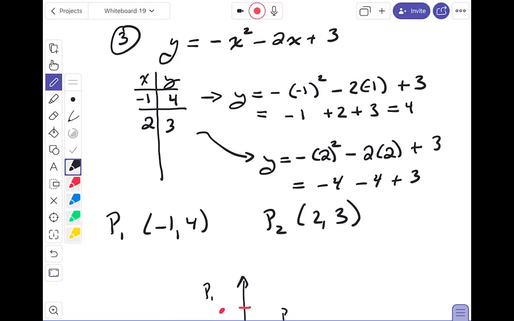Minus 1 squared is going to be 1. It's minus 1, and then that's going to be plus 2. 4. I did that okay. And let's see if we did 2 okay. I'm just looking at my work, by the way. It's important you look back at your work too. It's important you have a record of your work. You have something to look at. And let me see, I plugged it in right. So I got minus 4.